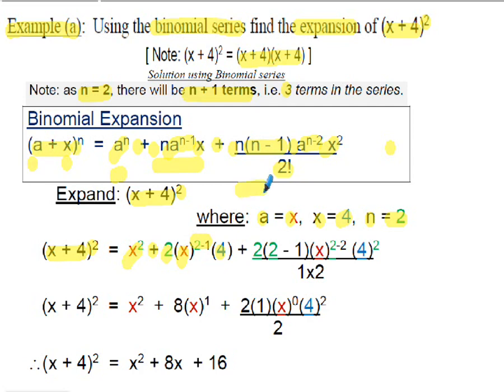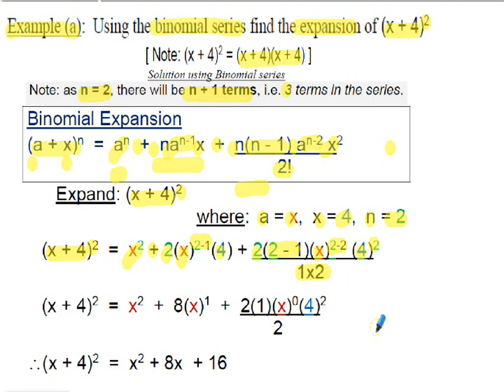Looking at my third term here, I will have n, which is 2, multiplied by n take away 1, so 2 take away 1 in the bracket, and then the a, which is x, raised to the power of n take away 2, so that's 2 take away 2, and the x, which is 4 in this case, squared, all over factorial 2, which is 1 times 2.